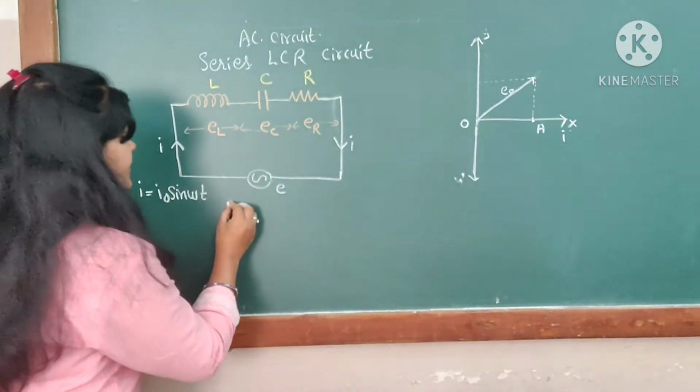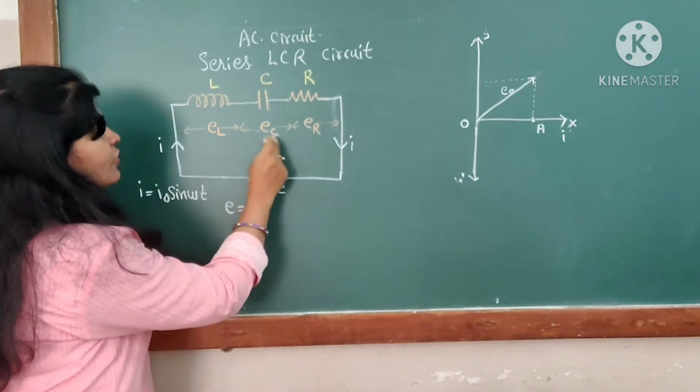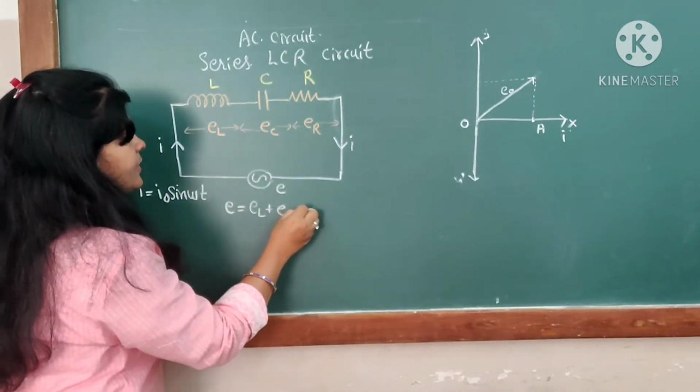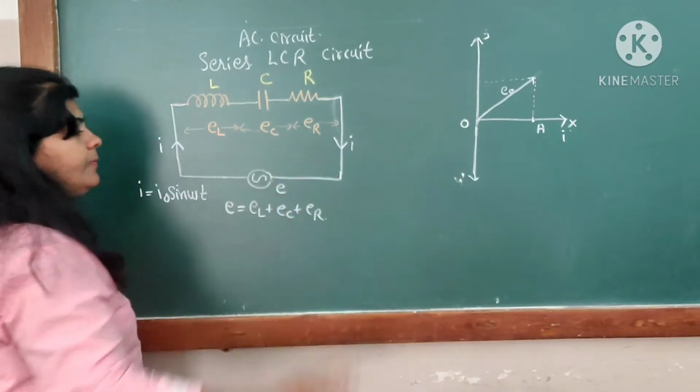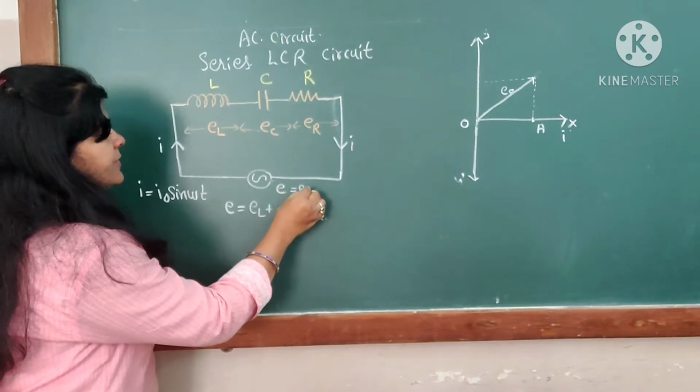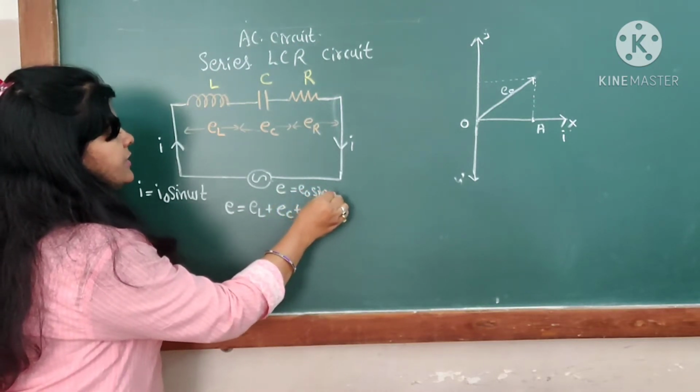Therefore, together we write E equals EL plus EC plus ER. This equation is represented by E naught sine omega t.